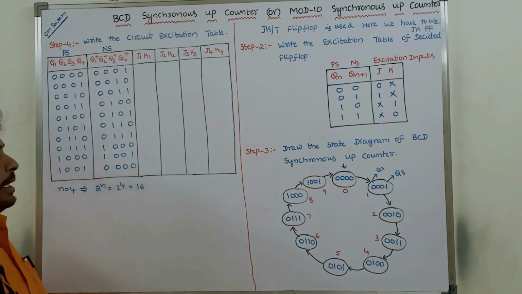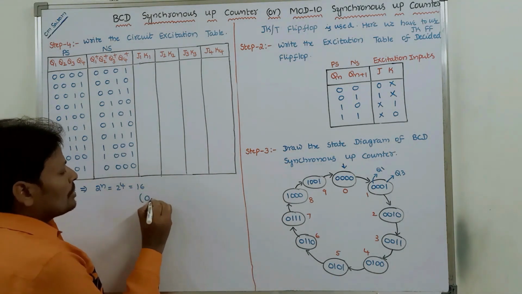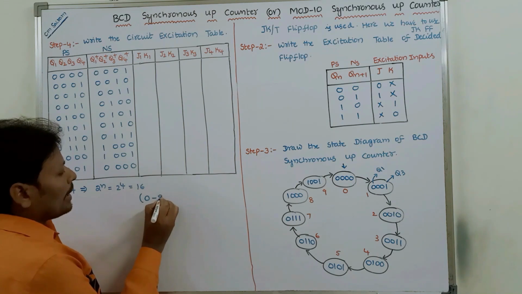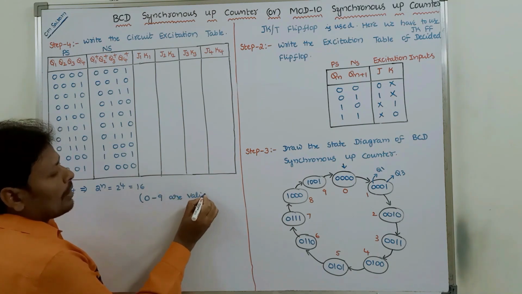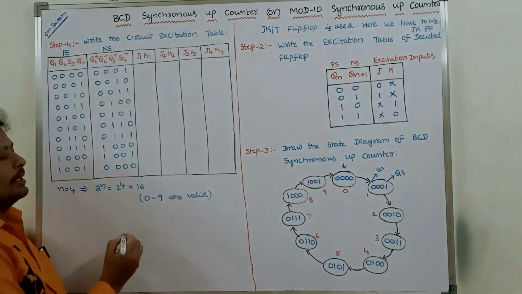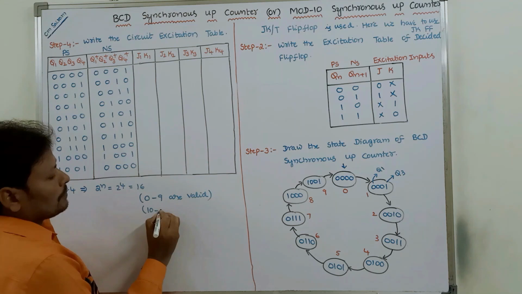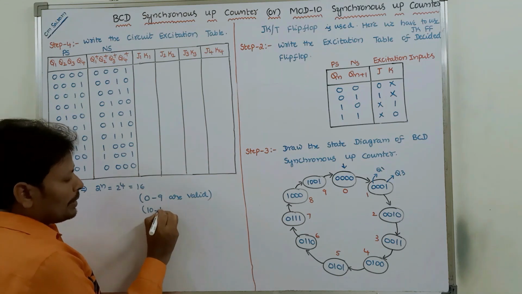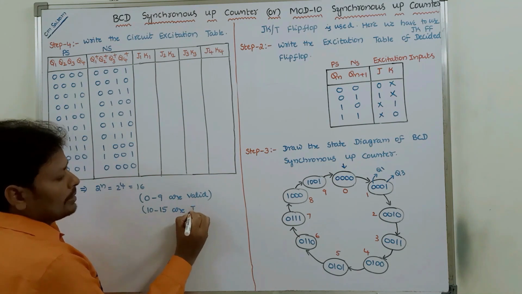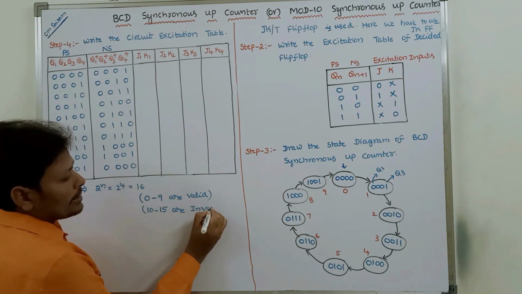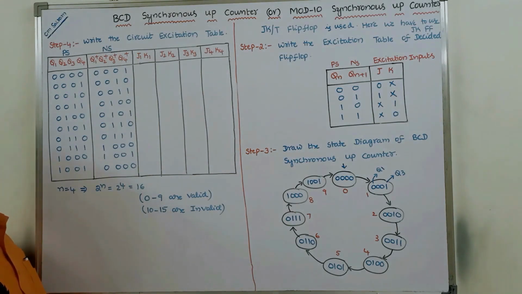Among those 16 possible combinations, 0 to 9 are valid, and 10 to 15 are invalid. This point is used in the next step, step 5.